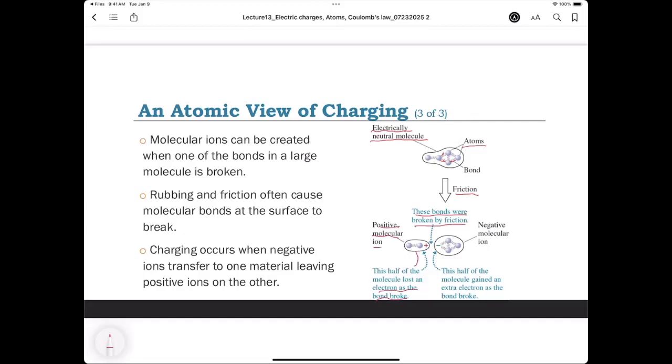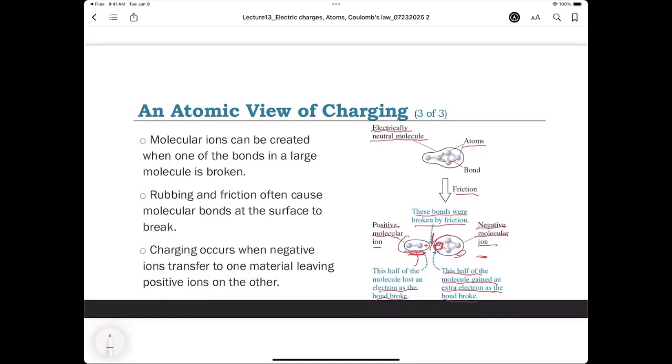And this half of the molecule gained an extra electron as the bond broke, so those parts become negative molecular ions. If the two connected together, it would be neutral. But because when it broke this one lost an electron, this one becomes positive and this one becomes negative. Does that make sense to you?